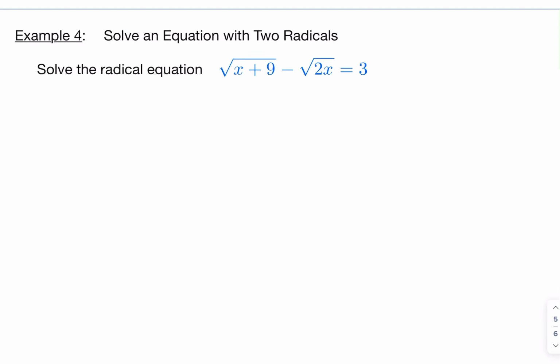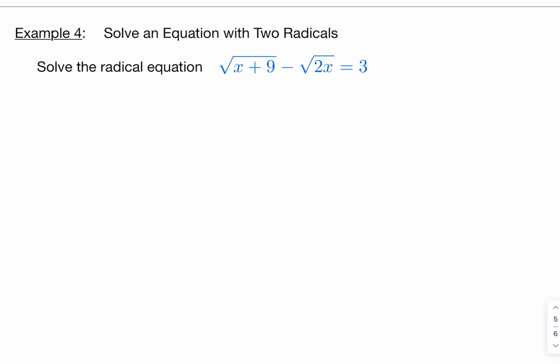Okay, let's move on to example number 4, and this will be our last one for this lesson. Here we're going to solve an equation with 2 radicals. Okay, so when we have 2 radicals, what we're going to do is move the second one to the other side of the equation. And when we do, we get square root of x plus 9 is equal to square root of 2x plus 3. Okay, now we're going to square both sides.